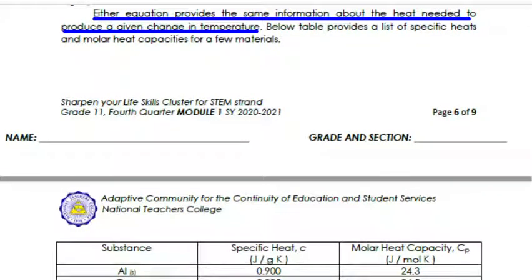As you work through these examples, notice that the heat capacity will have the same numerical value whether the temperature is expressed in Kelvin or in degrees Celsius. It is because it is not the temperature itself that gives the factor to the specific heat or molar heat capacity, but the temperature difference.